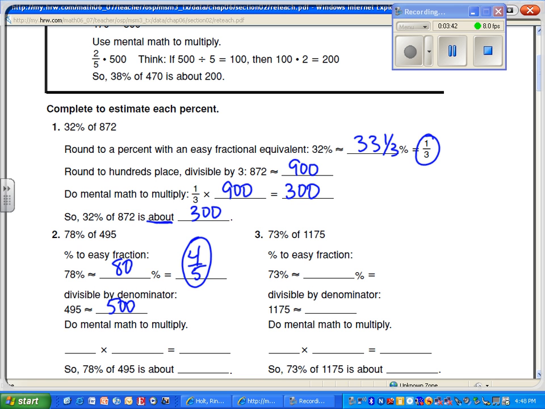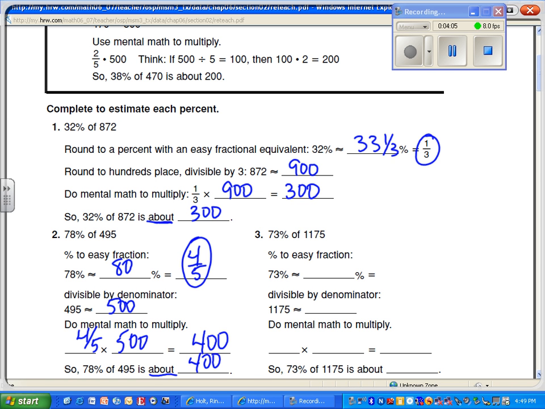That's really close. So what we're really doing here is finding 4/5 of 500. You could do 500 divided by 5 times 4, or you could do 500 times 4 and then divide by 5. You're going to end up with 400. So your bottom line is 78% of 495 is about 400.